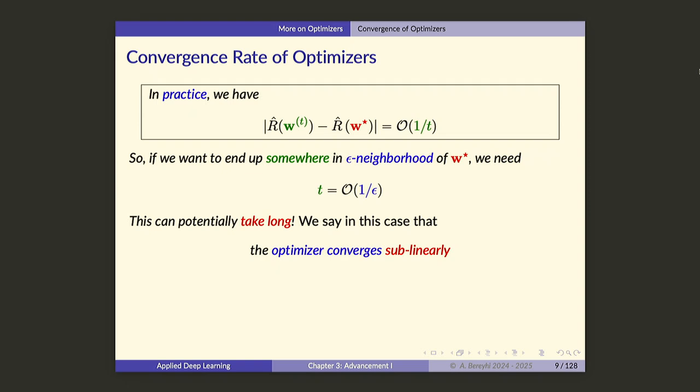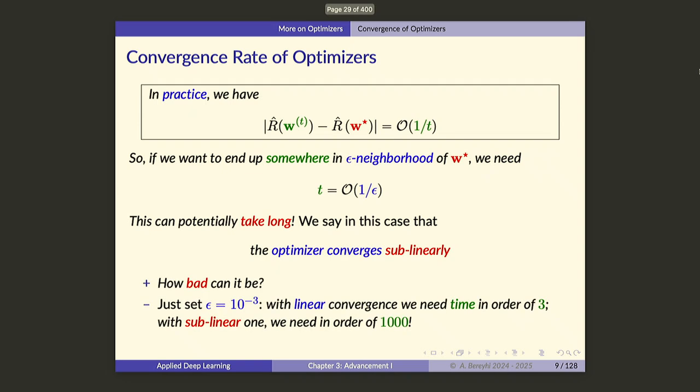This is in practice what we get, but this is far worse than what we could think of in the ideal case. Why? Just think about the case where you have your epsilon at 10 to the power minus 3. In the case of linear convergence, your time is going to get scaled by 3. Here, your time is getting scaled by 1,000, right?